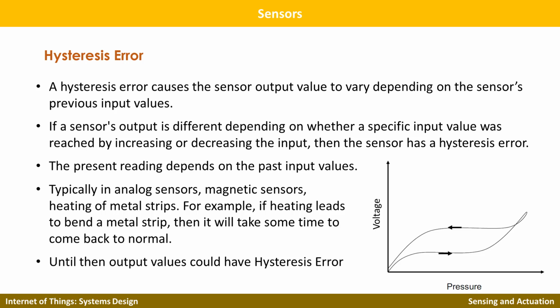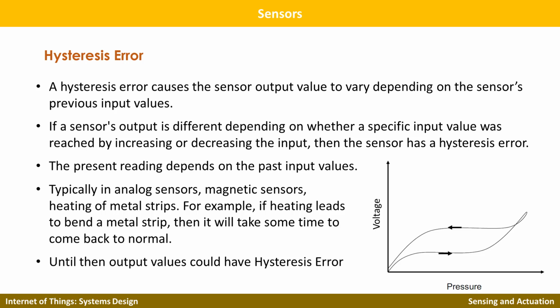But as you can see on the figure, sometimes temperature going up and down is not necessarily the exact linear function. If that is the case, it will create an error. In simple terms, this error occurs when the previous input values start to impact the current measurement.